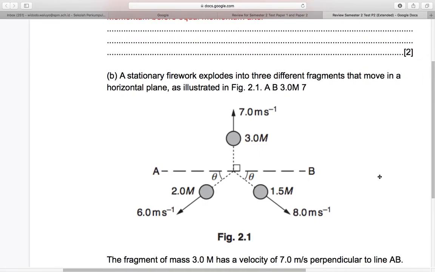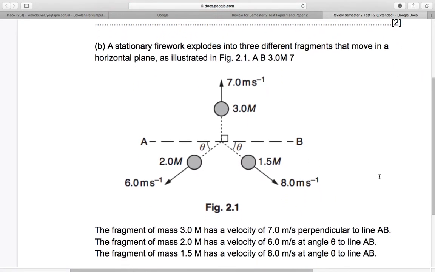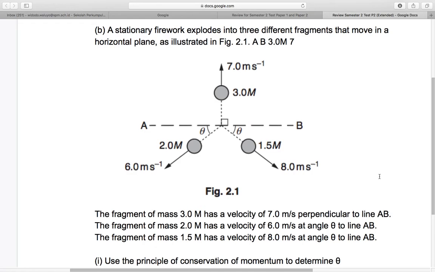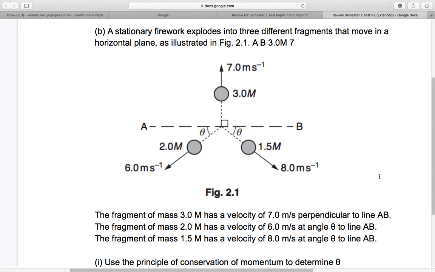We have figure 2.1. A stationary firework explodes into three fragments that move in a horizontal plane, as illustrated in figure 2.1.